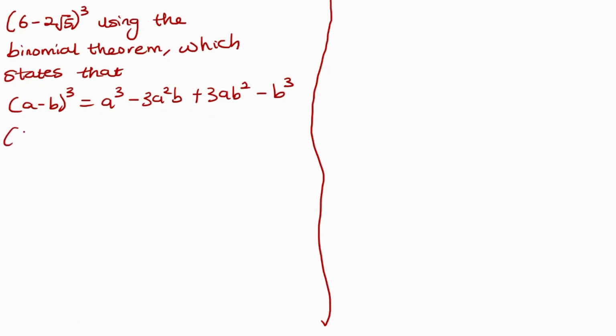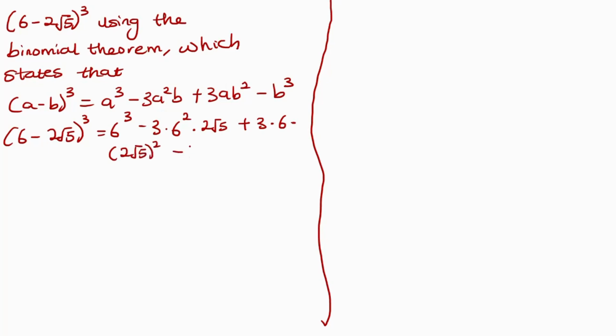So we have 6 minus 2 root 5 all cubed to be equal to 6 cubed minus 3 multiply 6 squared multiply 2 root 5, plus 3 multiply 6 multiply 2 root 5 all squared, minus b cubed, which is 2 root 5 all cubed.